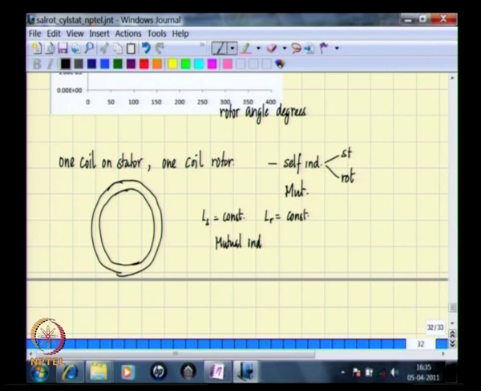Let us say we excite the stator and try to find out the flux linkage with the rotor. A stator coil is placed here and then a rotor coil, let us say, is placed there. We excite the stator coil, find the flux linkage with the rotor.